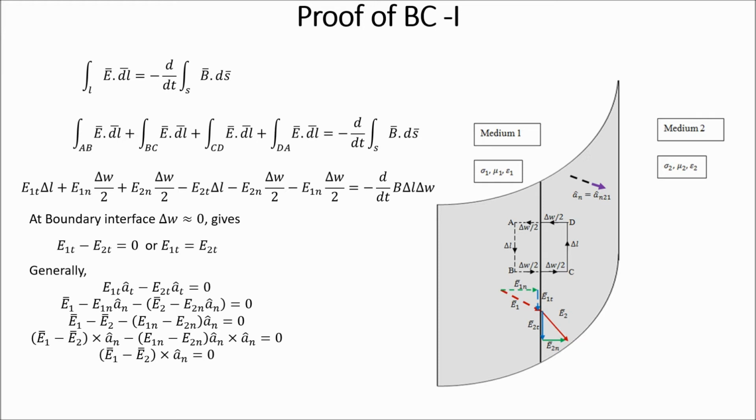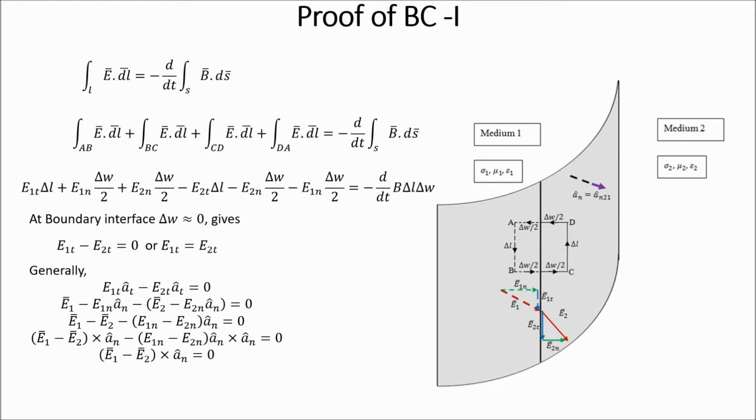So I have to see what will happen if an electric signal is traveling from medium 1 to 2. If you see, the red dotted line shows the electric field in medium 1, and the solid red line in the figure shows the electric field in medium 2. As you have learned in physics, the electric field might bend because of the characteristics of the medium.